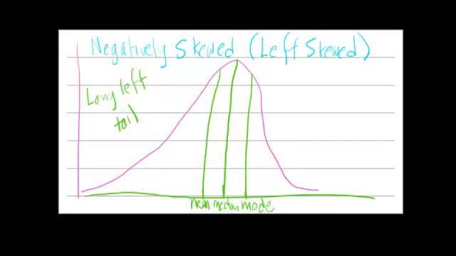Okay, let's look at the next case. Positively skewed. So I'll put my vertical axis here again. Positively skewed data has a peak early and a long right tail. Okay, so let's note that this is positively skewed, or right skewed.